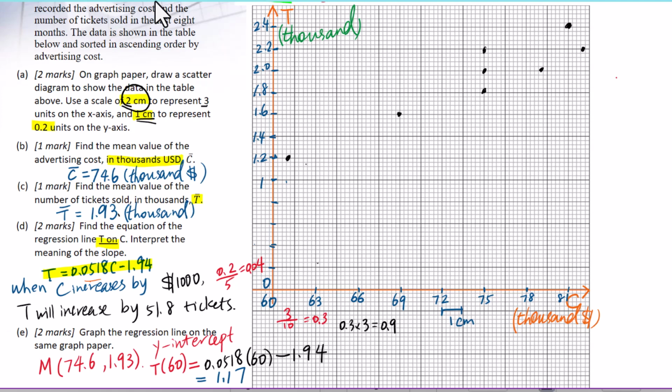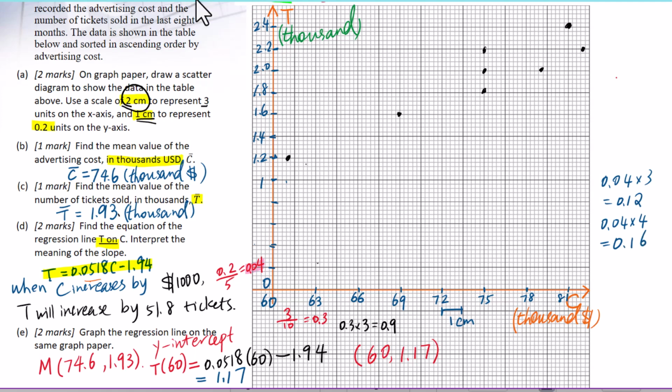So for the y-intercept, you need to find the point 61.17. Each small box on the y-axis is 0.04. 0.04 times 3 equals 0.12. 0.04 times 4 small boxes equals 0.16.